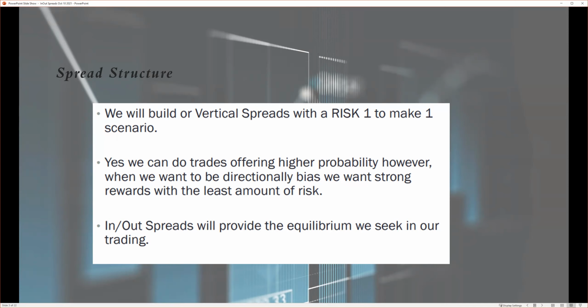So you see, if you really want to be right in your bias, you have to take the highest probability to make that happen. And of course, more secure or more probable means less risk and less profit, right? The in and out spread will provide the equilibrium that we seek in our trading.